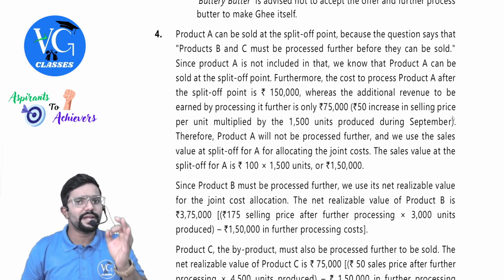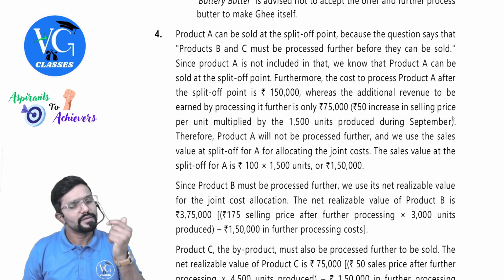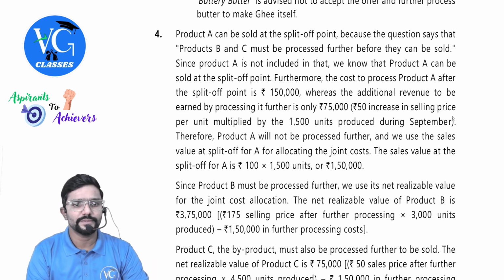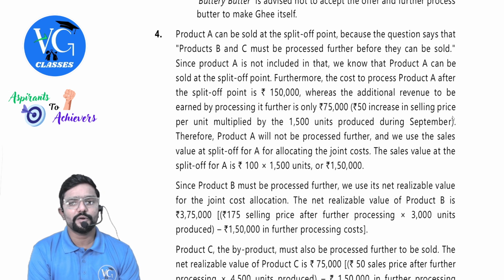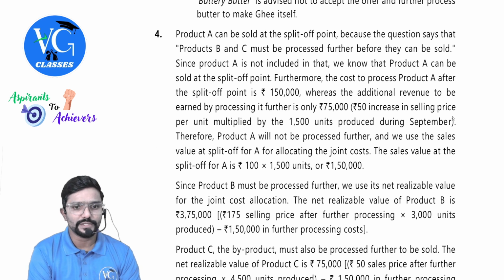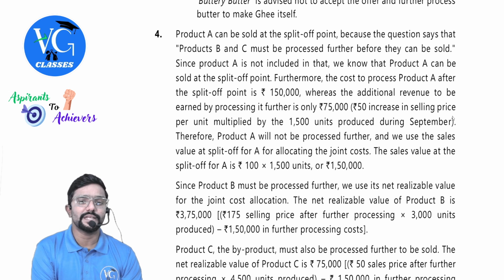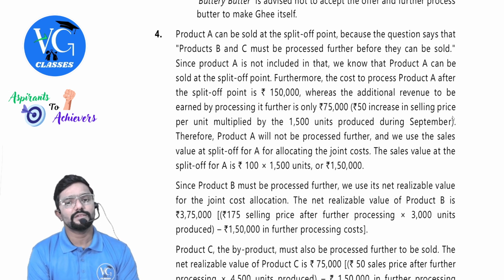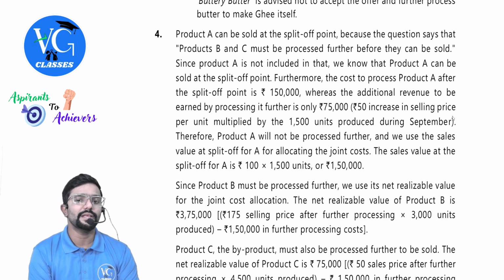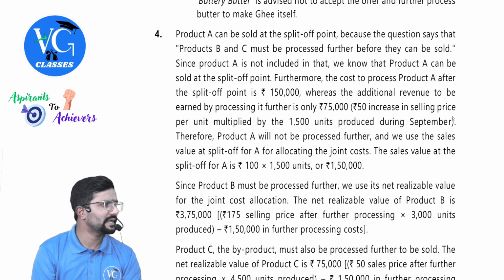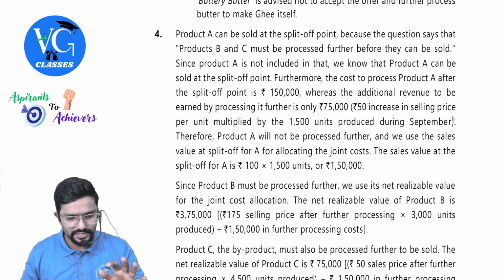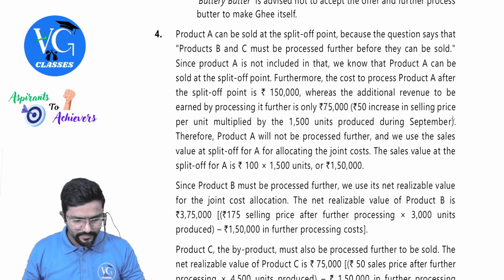Furthermore, the cost to process product A after the split off point is 1,50,000, whereas the additional revenue to be earned by processing it further is only 75,000. That is a 50 increase in selling price per unit multiplied by 1,500 units produced during September. Correct? Yes. So let me show that. Product A.